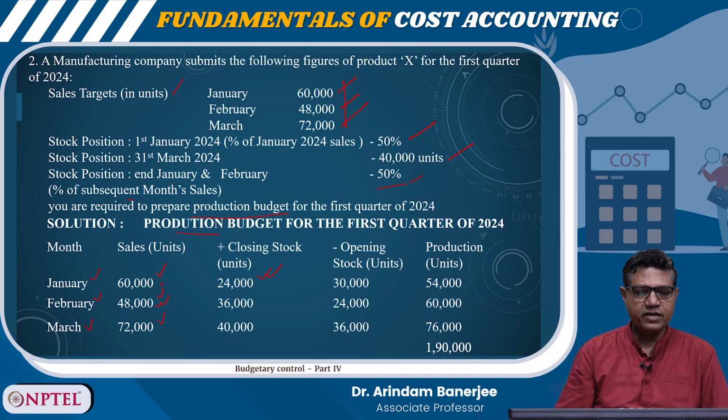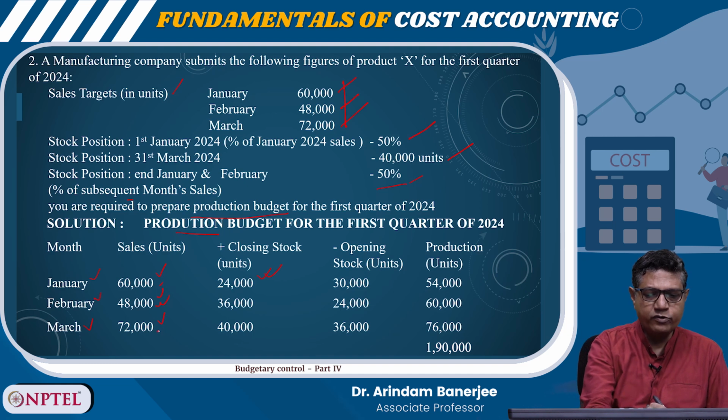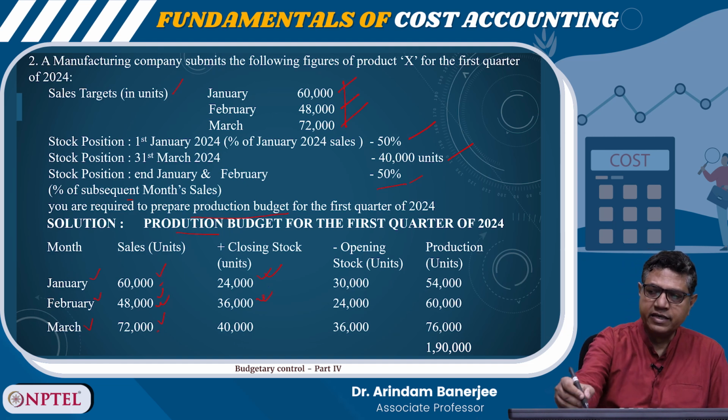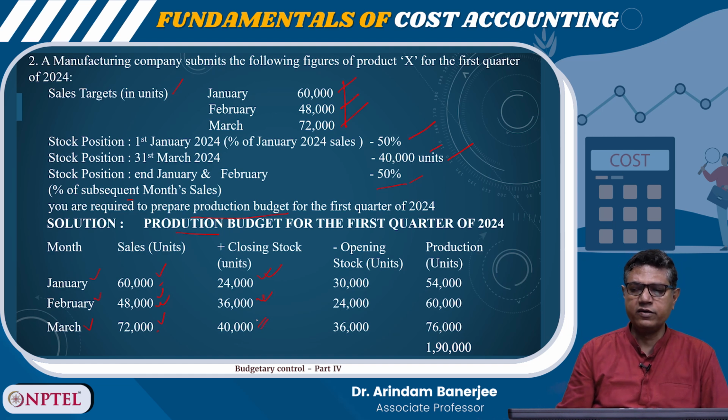For February, it is 50% of 72,000, so it is 36,000. And on 31st March it is given here, it is 40,000. So, this is my closing stock.